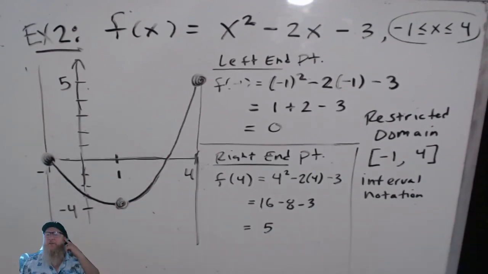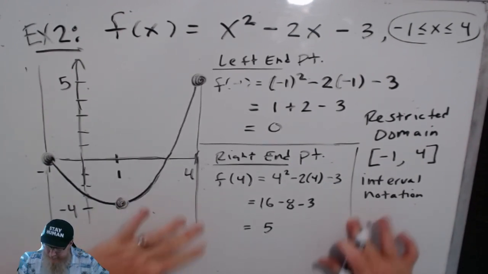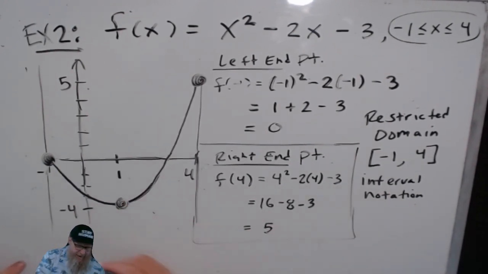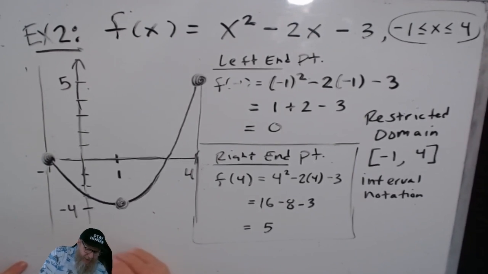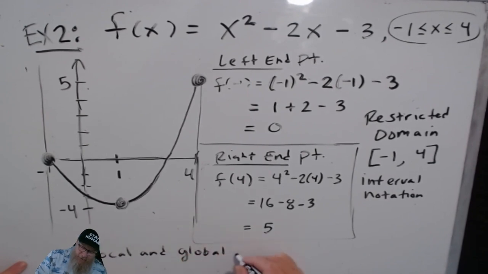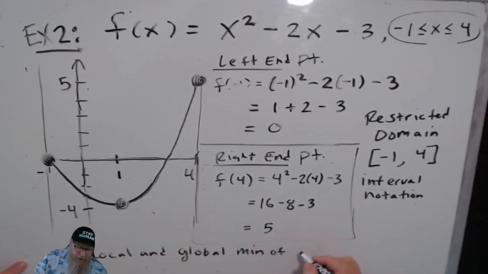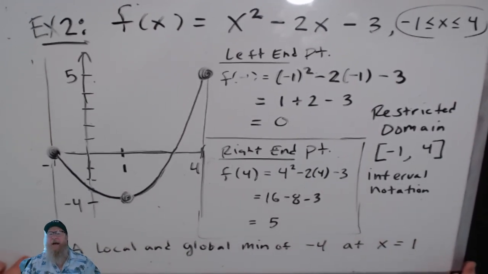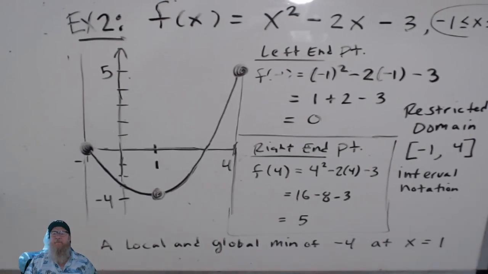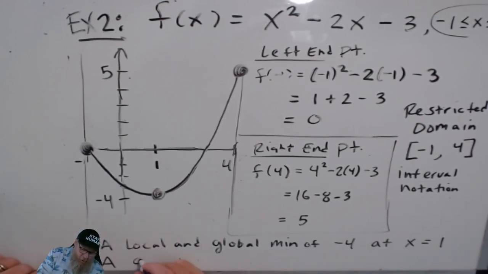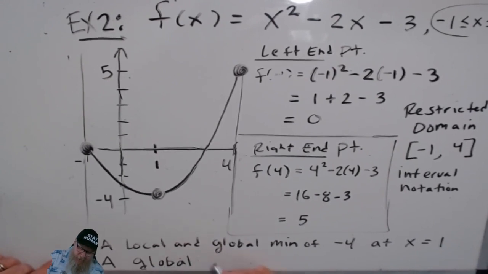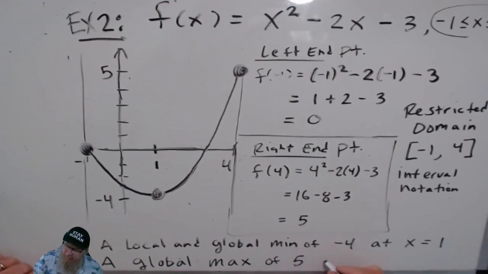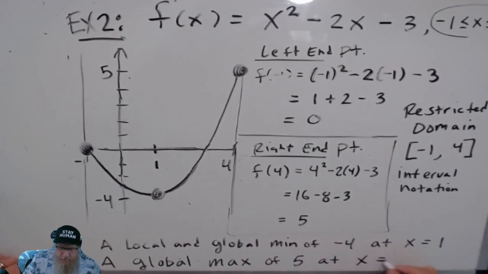And so now the results are slightly different. We have a local and global min of -4 at x equals 1. So that result stays the same. We have only a global max of 5 at x equals 4.